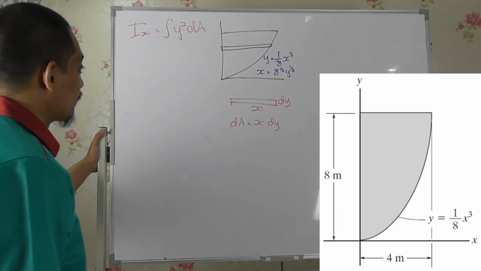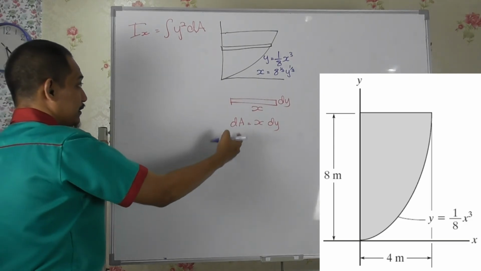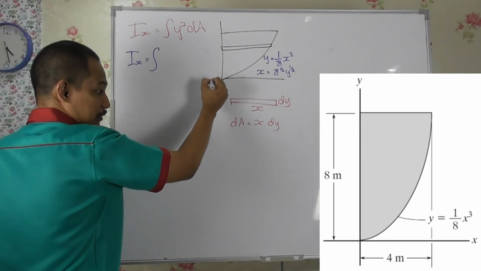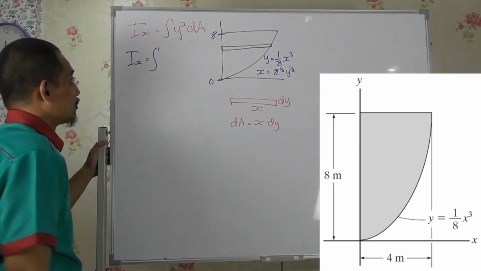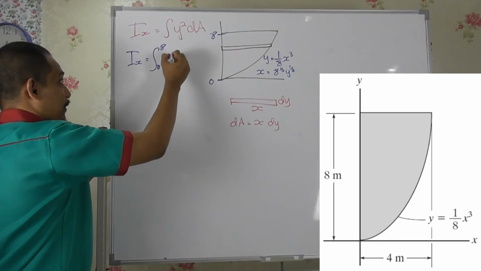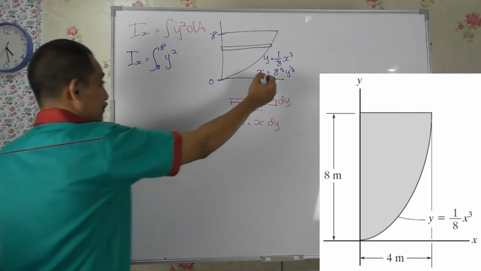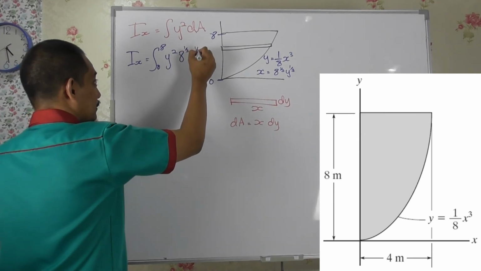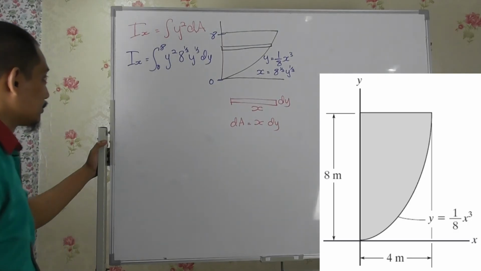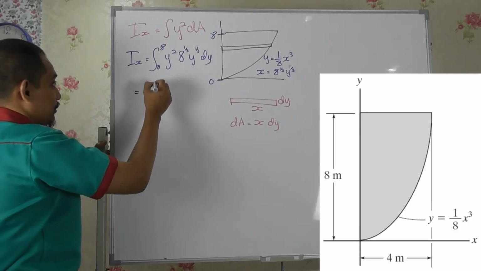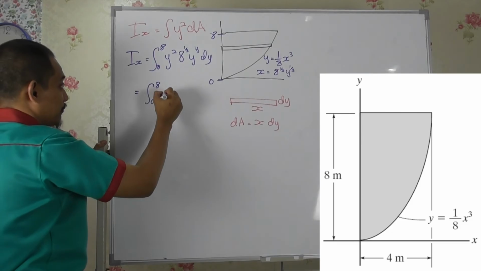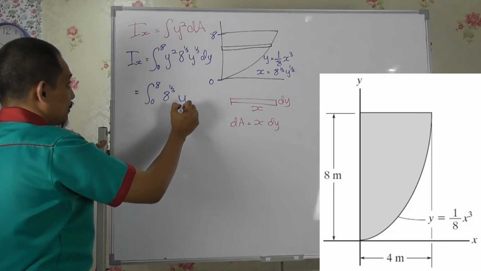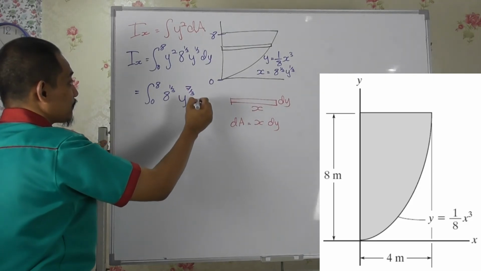Right? Okay, so we can plug in straight away here. So Ix becomes the integration, and the limit is from 0 to 8. So from 0 to 8, y squared times x dy, so 8 to the power 1 over 3, y to the power 1 over 3 dy. If you continue on, from 0 to 8, you have 8 to the power of 1 over 3, then we have y to the power 7 over 3 dy.